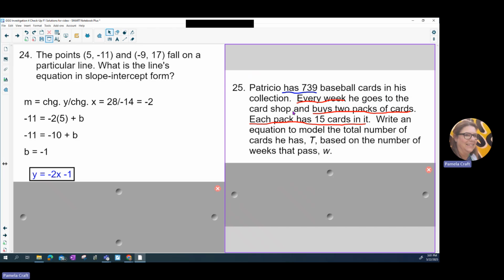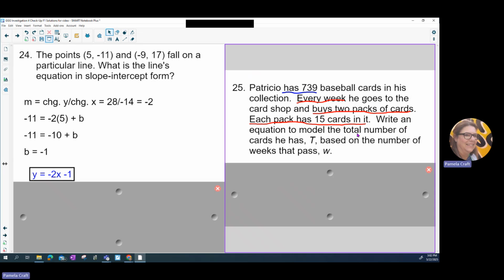Every week he goes to the card shop and buys 2 packs of cards. So it's important that you understand he's getting 2 packs that each have 15 in it. So you can either write that as a multiplication or you can say 30 cards. So he's getting 30 new cards each week.